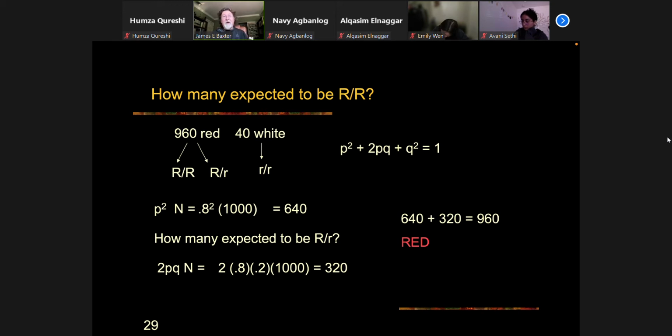Now, on any problem, you need to be very careful about what I'm asking for. So read the question very carefully, because sometimes I may ask you what percentage of the population is homozygous dominant. And I didn't ask you for how many individuals. I asked you for percent. I'm asking you for the genotypic frequency.